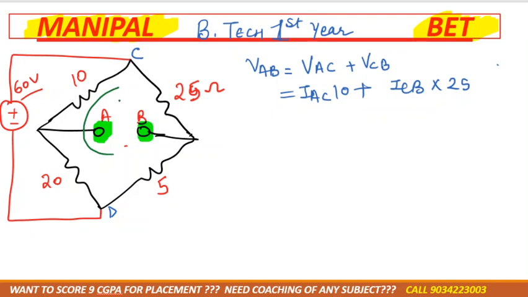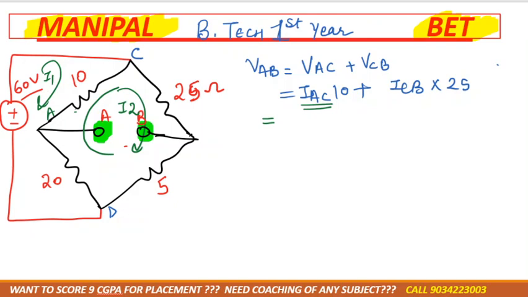So if you are moving A to C, then the current should also move from A to C. So ultimately you have to take IAC in terms of I1 and I2. Now can you tell me, suppose this is AC, is it in the middle branch or in the corner branch?